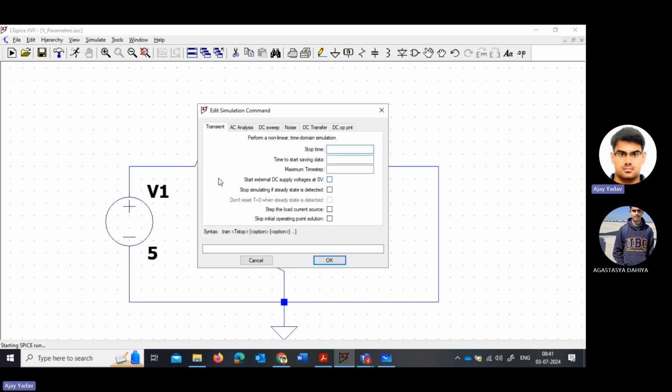Okay. So what I can say, the stop time, can it be a transient analysis? Can I use the word transient for this?